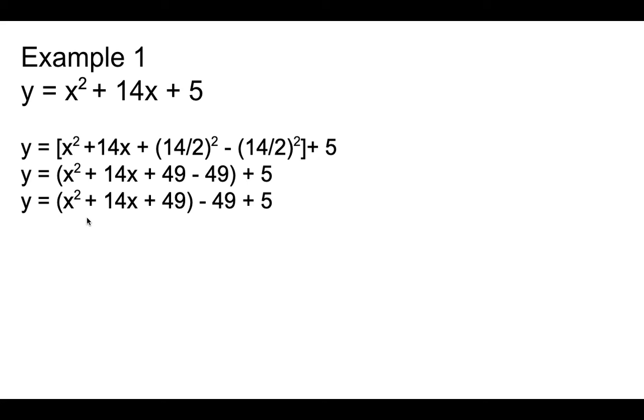Okay, that's good. So that means I can write this as x plus 7 times x plus 7. Then I'm going to combine these, so negative 49 plus 5 is negative 45. And because I have two of these, I can write it as x plus 7 squared. And check that out. That is in vertex form, isn't it? So that is how you change from standard form to vertex form.